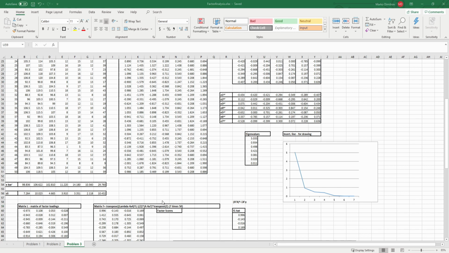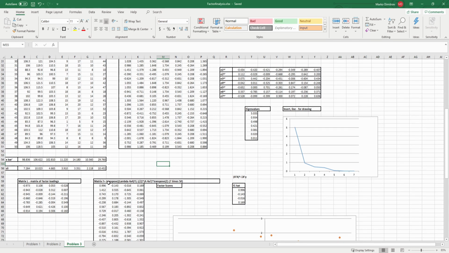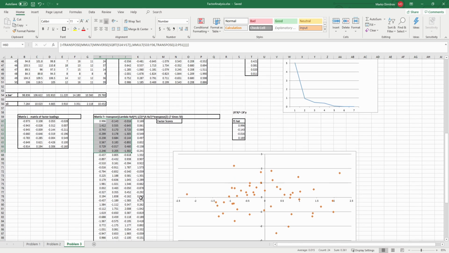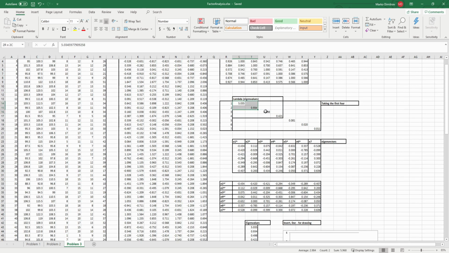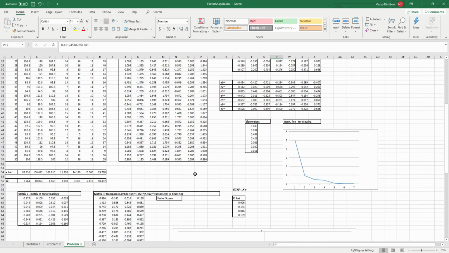But there is a much faster way to obtain those. There is this formula that can be proven as well, but you get this matrix at once, so you get all those factor scores. You need to transpose our lambda 4 by 4. This is this selected matrix. On the diagonal you have lambda 1, lambda 2, lambda 3, and lambda 4, to the power of minus 1/2.